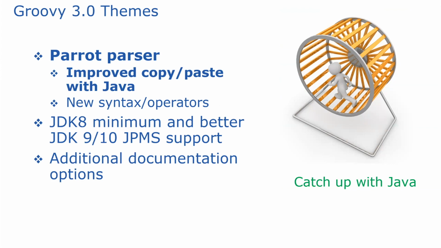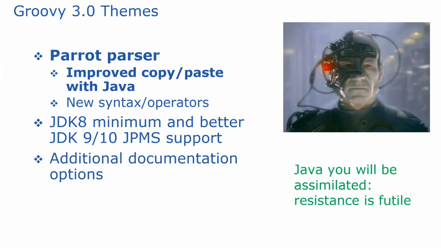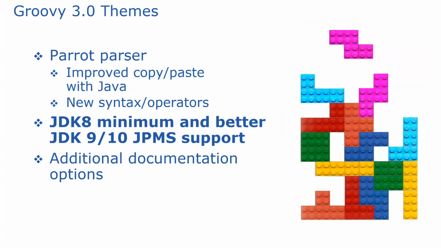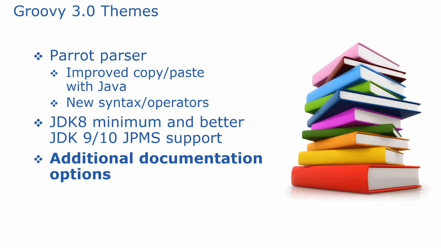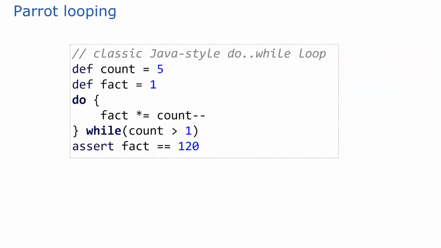You can think of it as playing catch up, or you can think of it as, we're going to simulate any Java functionality you want. We can do it in Groovy as well. Whatever tickles your fancy there. Improved module support. I've talked briefly about that in an earlier roadmap slide, but a little bit more coming up. And some new documentation options.